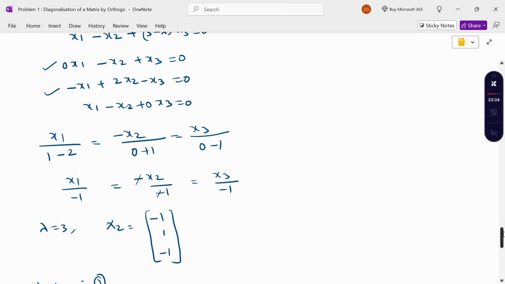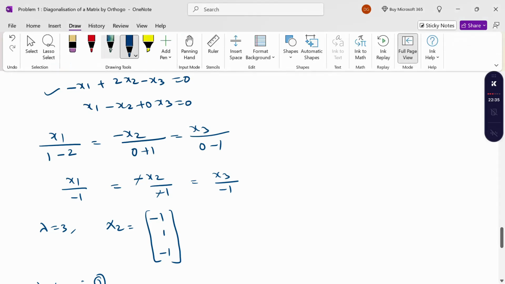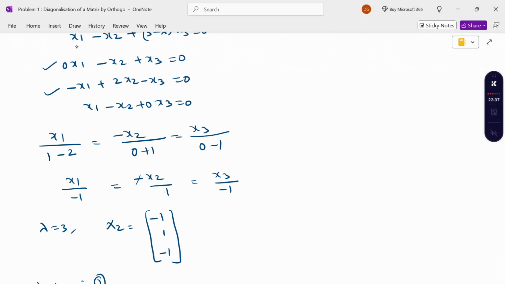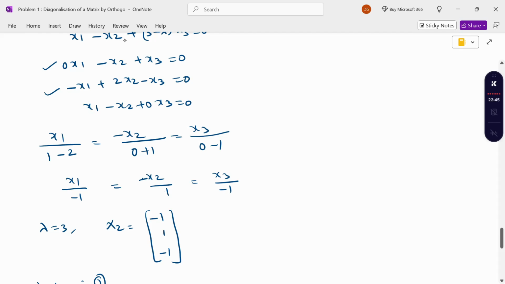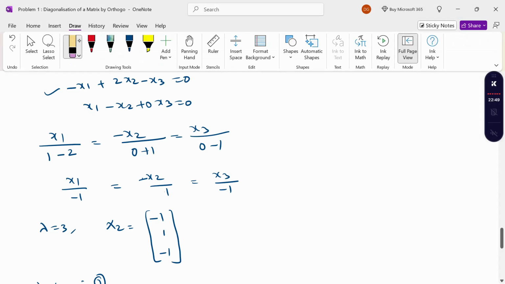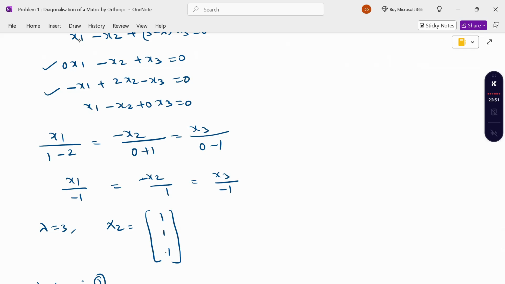So this is a 3 eigenvector. Sorry, this is not minus, this is a plus. Therefore this term is minus. So to remove this minus, then only for this plus, all the terms are plus.